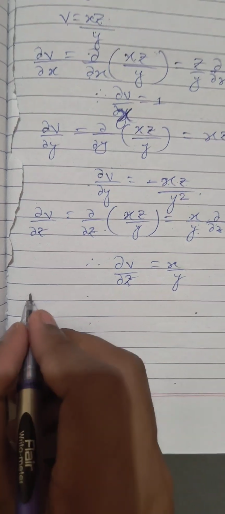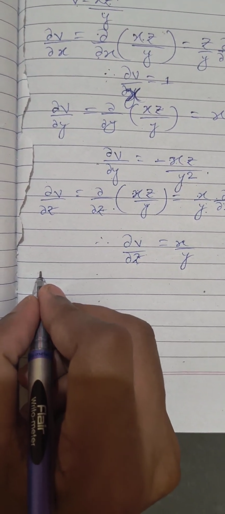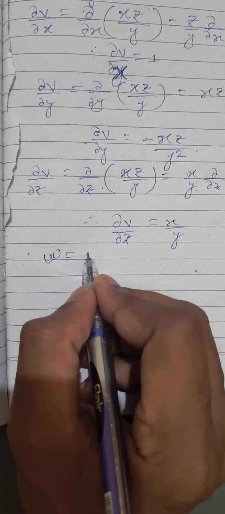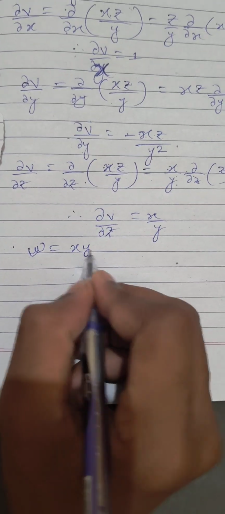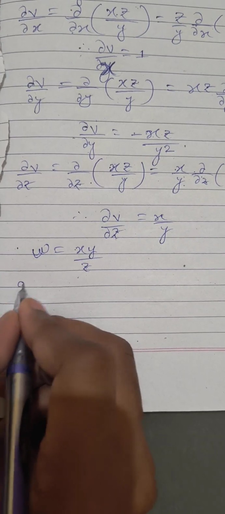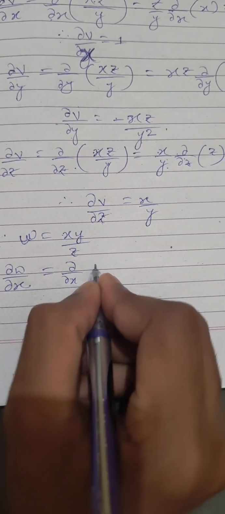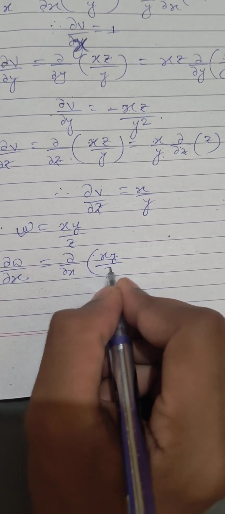So now the last row. We have to find the entries of the last row. What is w? w is equal to xy divided by z.